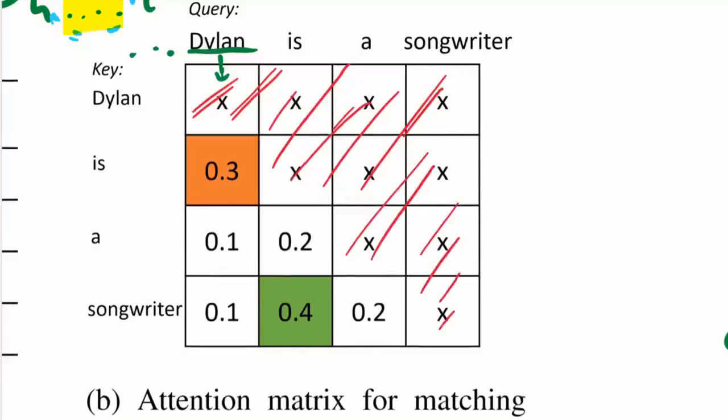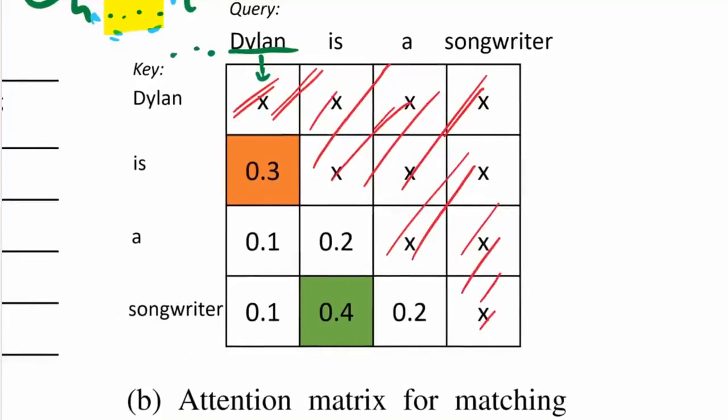So from the token Dylan, we can look at three things: is, a, or songwriter. And the question is simply, where do we go next with this algorithm? There's no interpretation yet. It's simply, where do we go next? And that is answered by just taking the highest scoring thing in that column of the attention matrix.